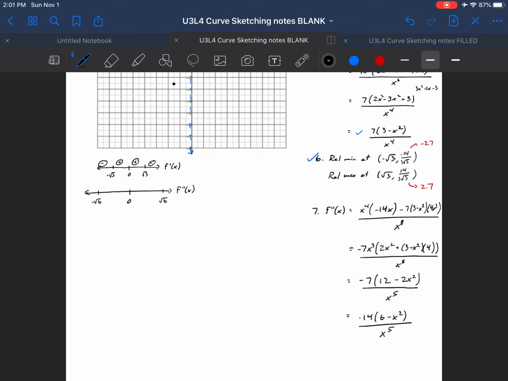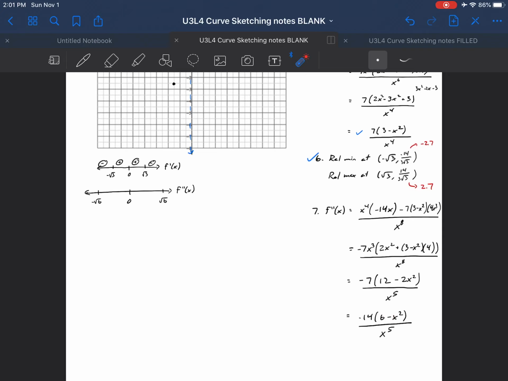Okay, so now if we pick some test values, well, if x is between negative root 6 and positive root 6, this part will be positive. Well, geez, it matters if it's positive or negative because of this.